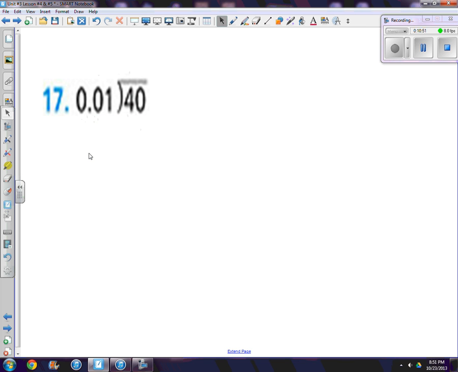All right, so here you have 0.01 into 40. Again, that's 0.01. You would take that times 100 now because the 1 is in 100's place. So if I move my decimal 2 places over, I'm right there.